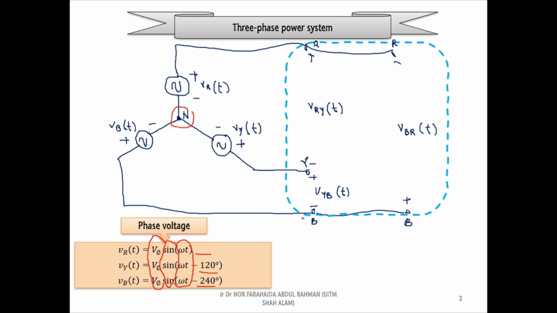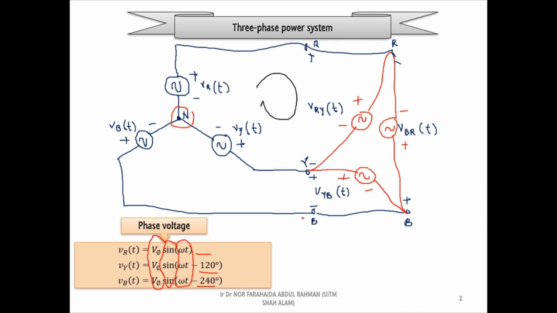And if you complete the connection between each line voltage, you can see the line voltages are connected in delta configuration. Later, in order to obtain the equation of these voltages, you need to apply KVL inside the loops.